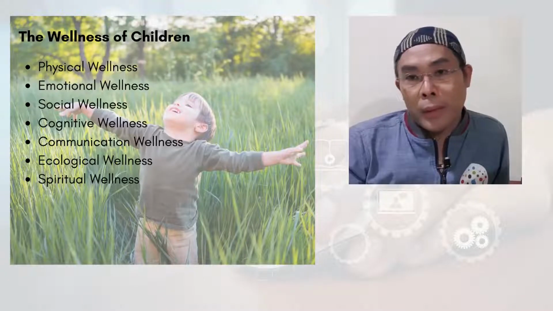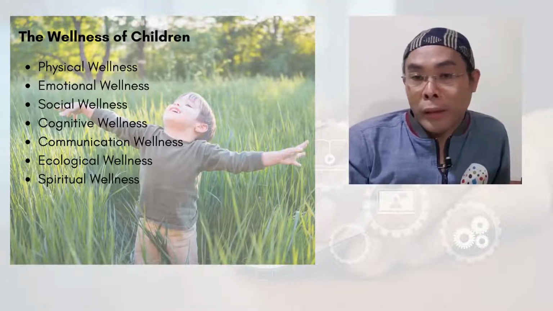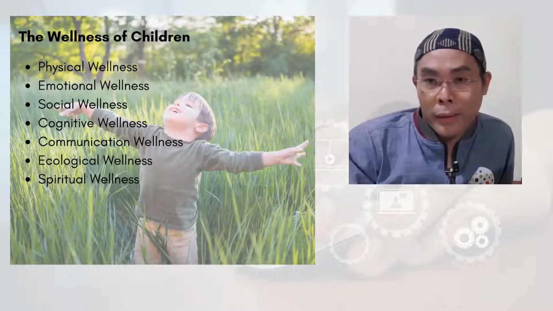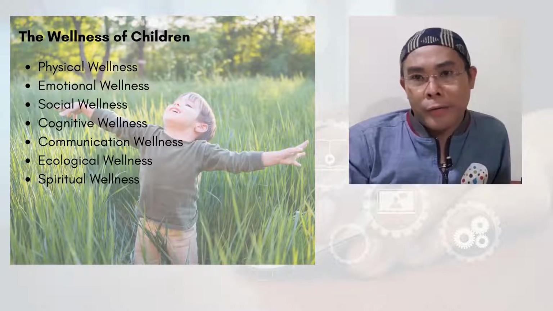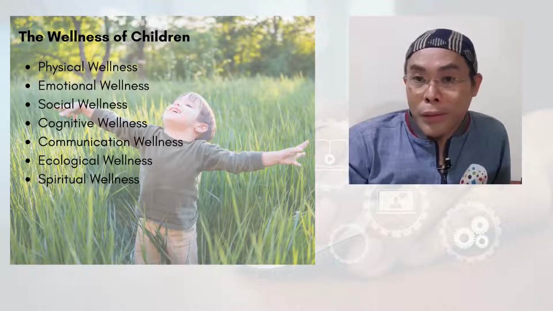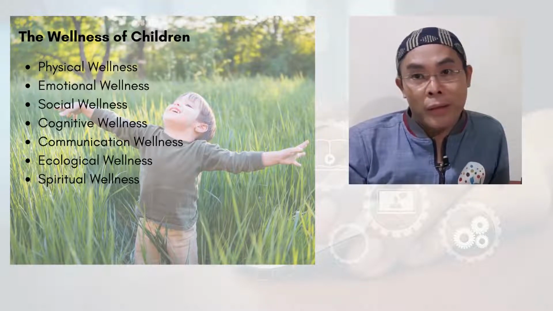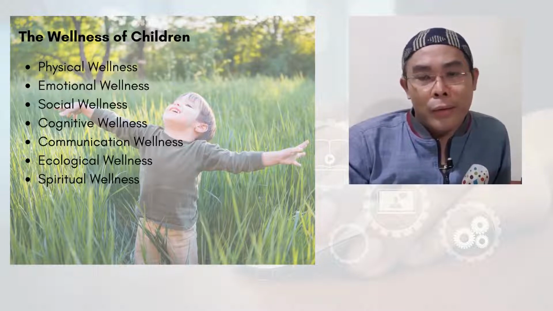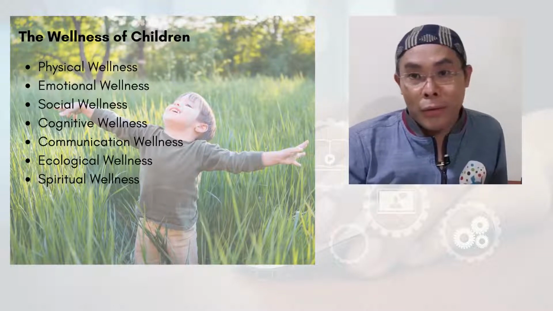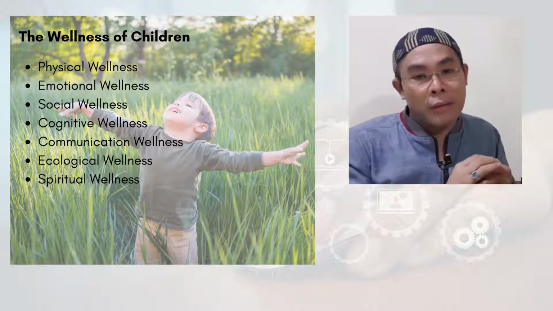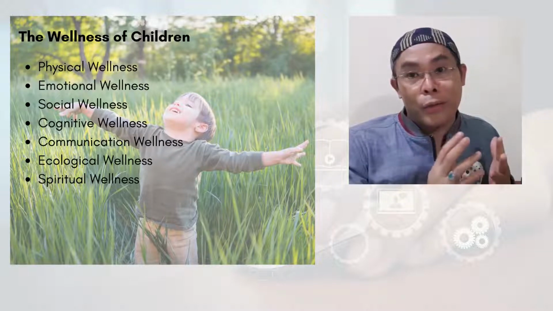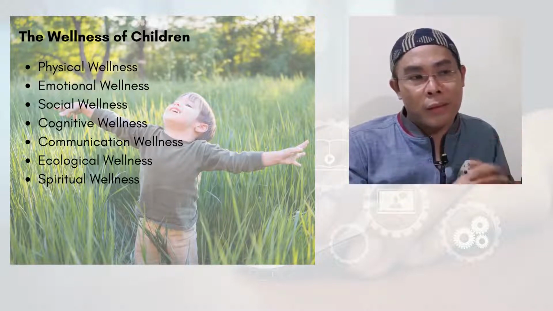So when we plan about online learning, it's not only purely academics. We have to look into the holistic well-being or the holistic wellness of children. And when we talk about the whole well-being of children, let us look into the 7 areas of wellness.